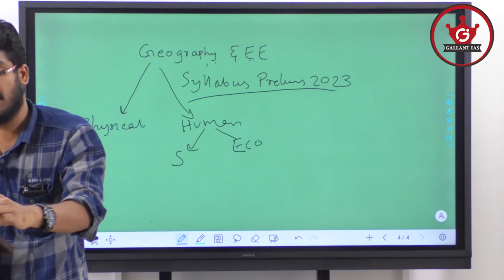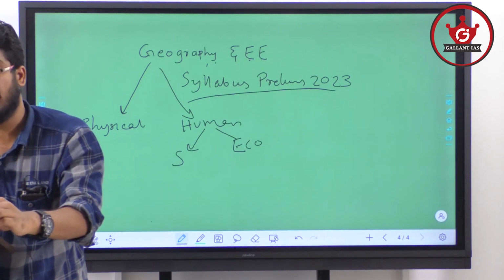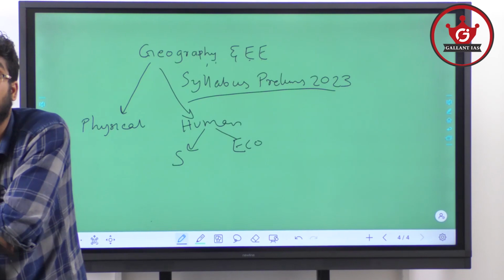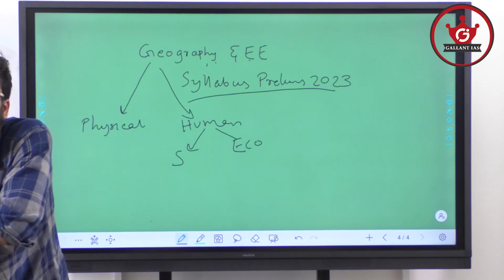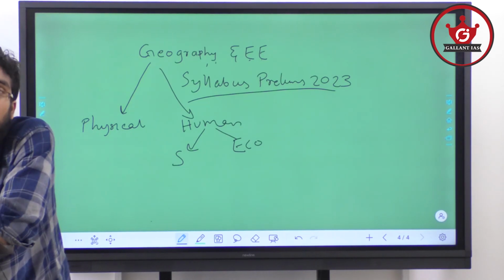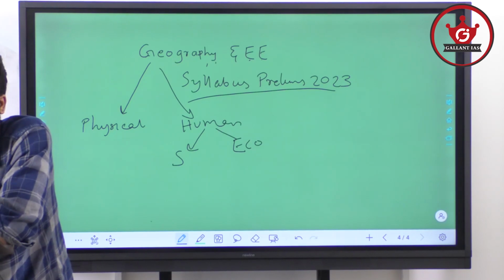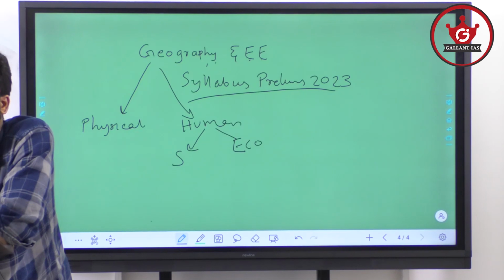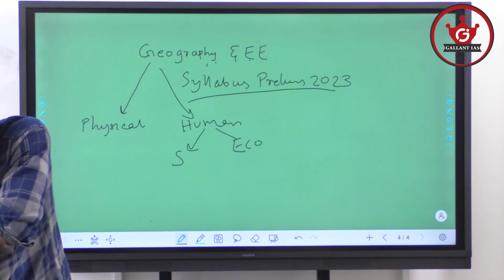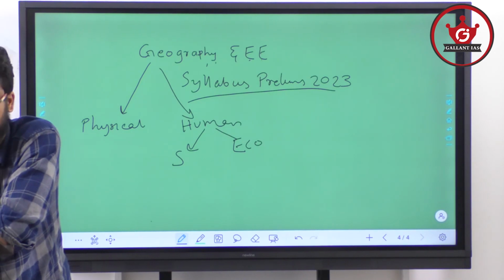That means there will be some static aspect, then they will link that to some advanced concepts. But in geography, one advantage is that they will be doing backward linkage. Whenever anything is happening, they will link it back. Those concepts will be available in your NCERTs, so be well equipped with the NCERT basics.